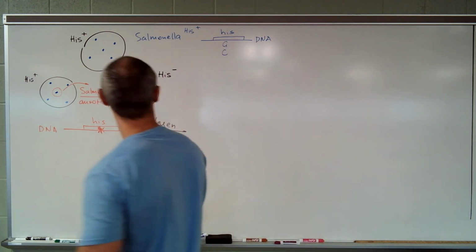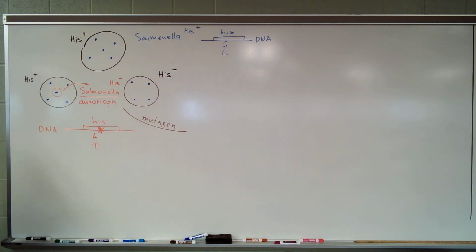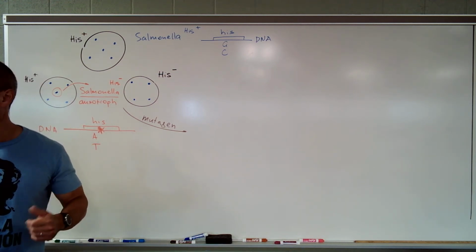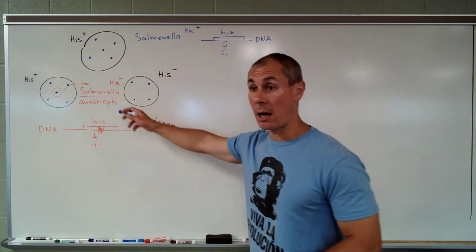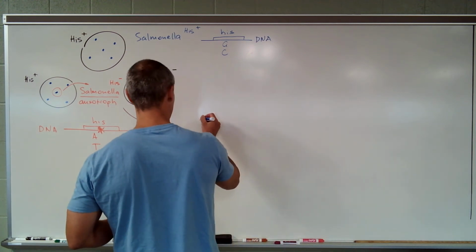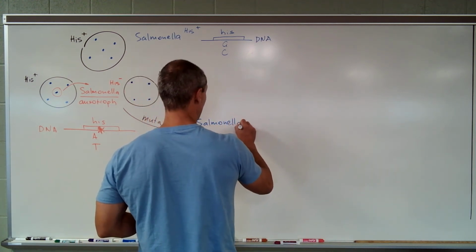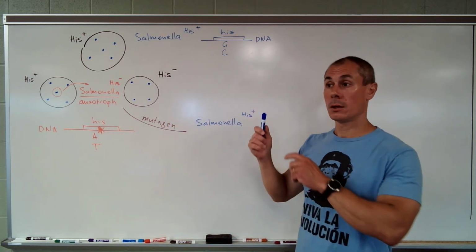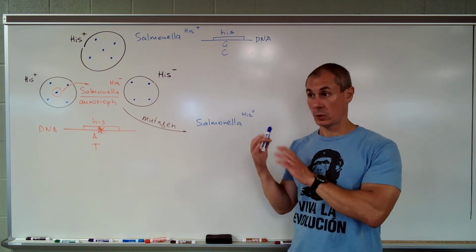In the mutant, it has been changed to an AT pair. If this site gets mutated again, it becomes GC again. Make sense, right? So if this is a mutagen, what we're going to get out of that is, again, salmonella that can produce histidine. Is that clear? Good?